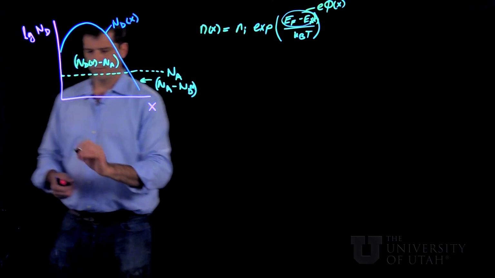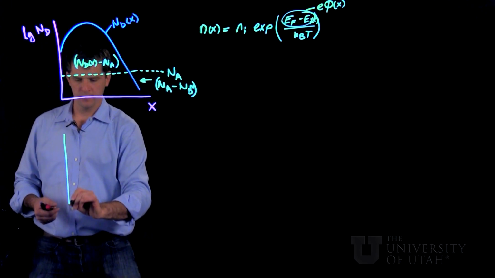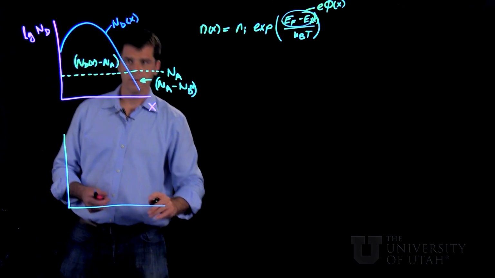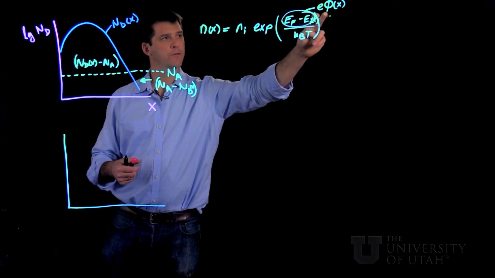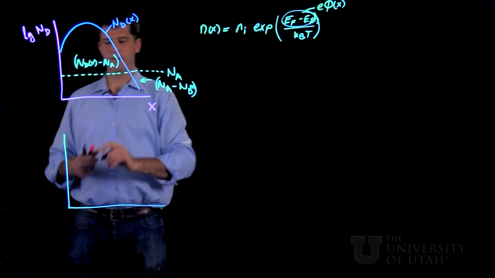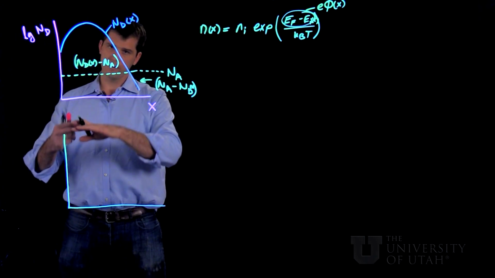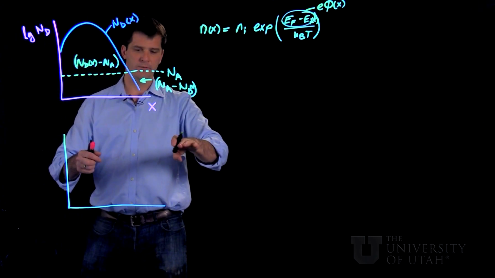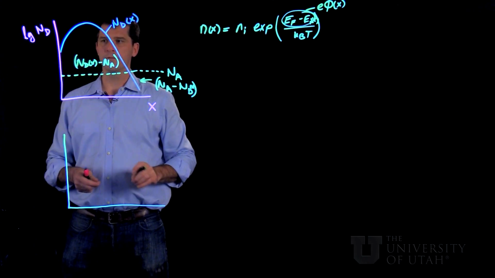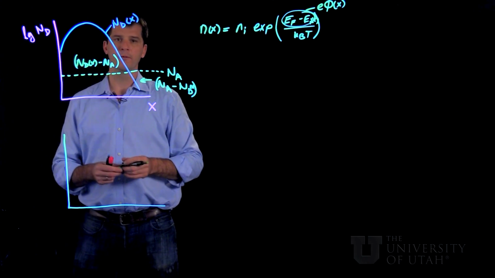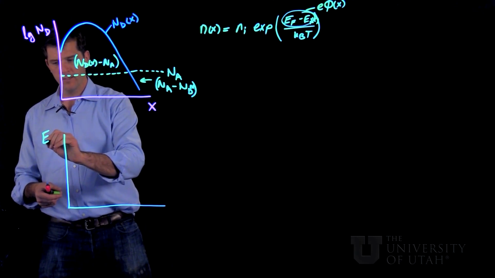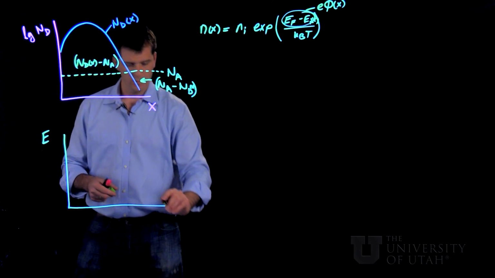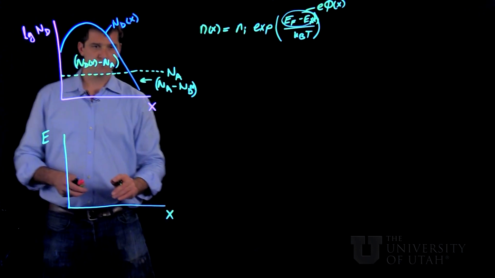Now what does that mean on this diagram here? So what I'm actually doing is I'm going to determine this field as a function of distance and then superimpose that on the band diagram. So instead of having a flat conduction band versus distance, the presence of this non-uniform impurity distribution actually introduces some band bending or some curves in the band diagram.